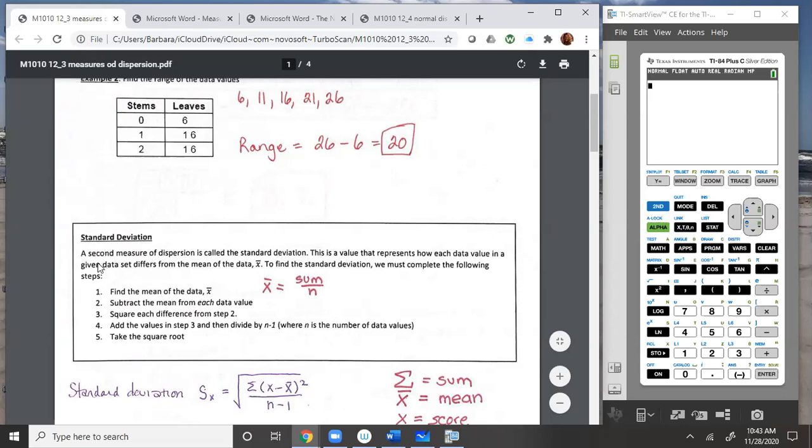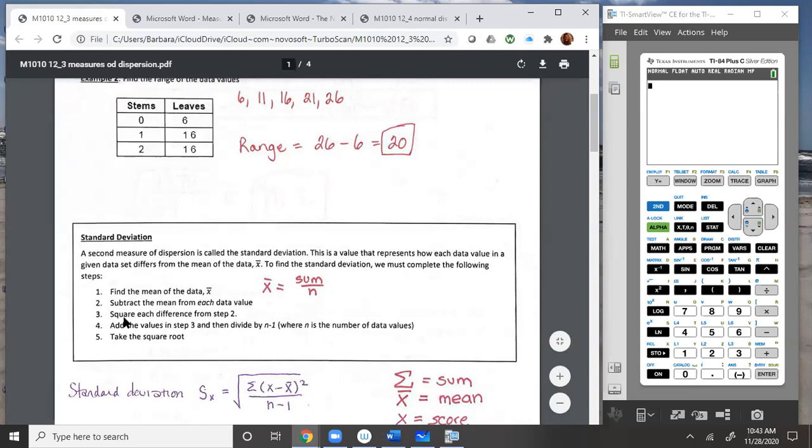The second measure of dispersion, called standard deviation, is a value that represents how each data value in a given set differs from the mean of the data, which we call X bar. To find the standard deviation, we must complete the following steps. Step 1, find the mean. Step 2, subtract the mean from each data value.